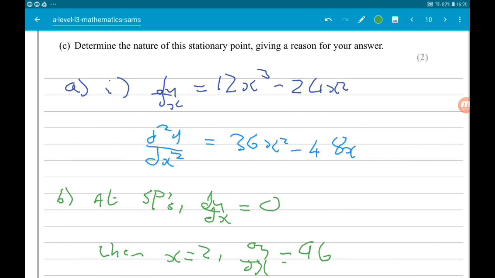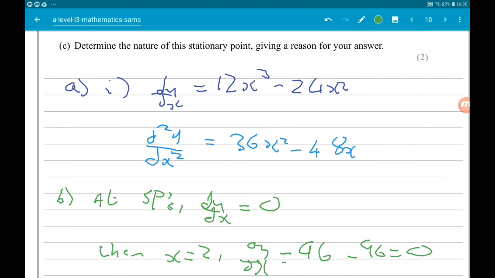And then we have minus 24 times 2 squared. 24 times 4 is 96. So we have 96 minus 96, which is equal to 0.